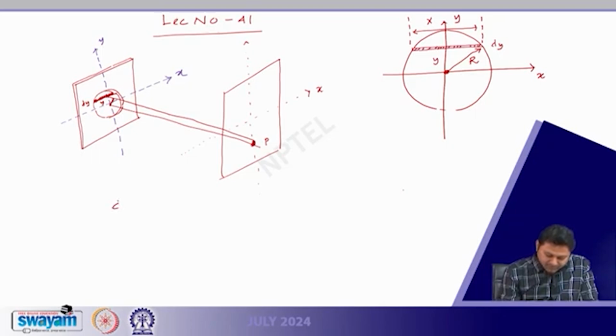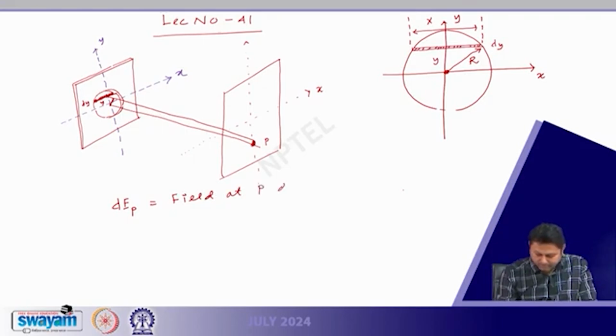So dE at point P is a small field, the field at P due to the small strip.